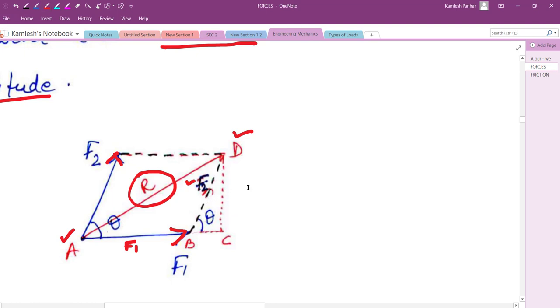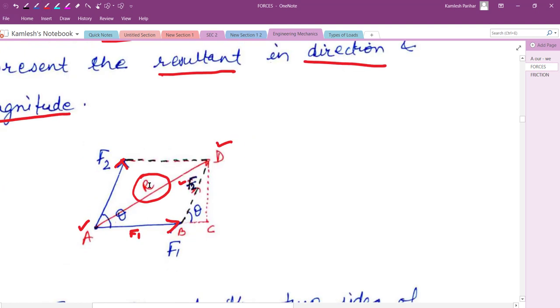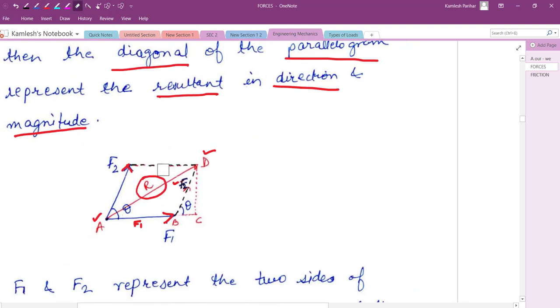So how to solve this? Let's see. In this figure, you can see triangle ADC is a right angle triangle.